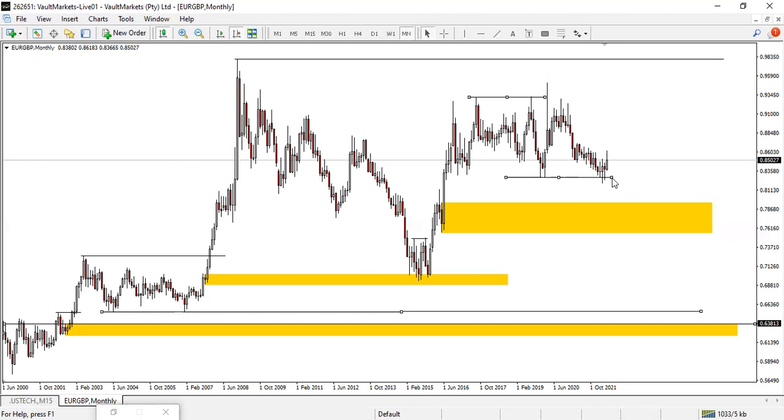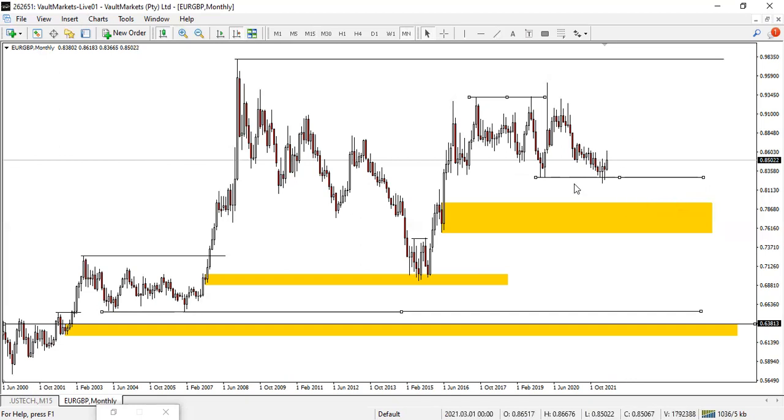Well, this is what I expect. This is my expectation. I'm not a market maker to make that declaration. This is what I expect. I expect a break below this. And then where is that area that will push for the break of this?